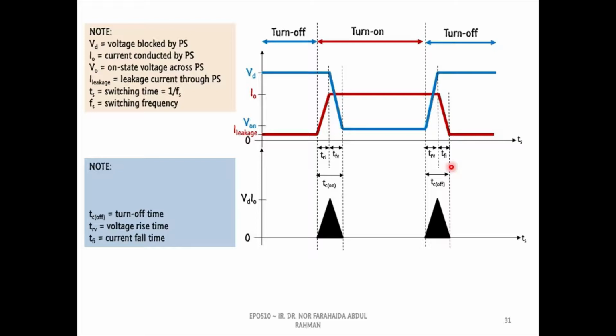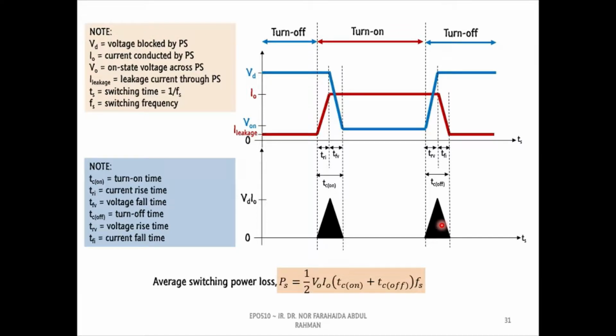Based on the area under both times, we can calculate the switching power loss using the following equation. You may refer to the note for a simple explanation and example on how to calculate the power loss.